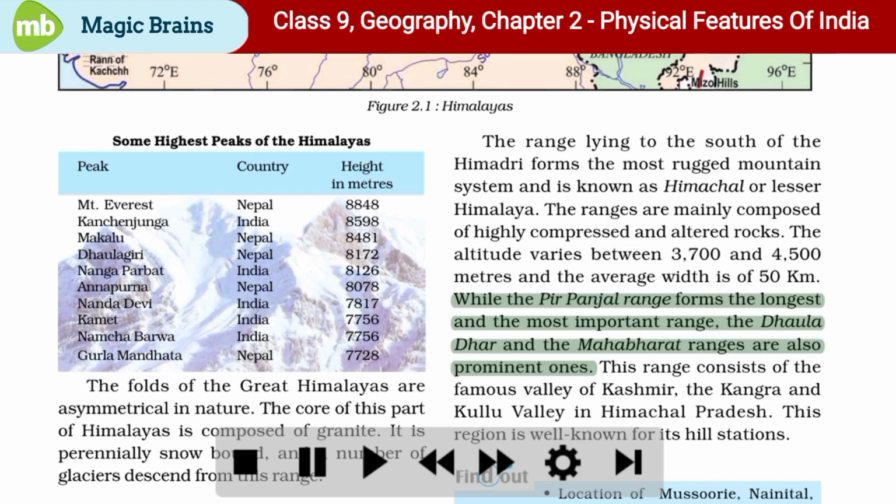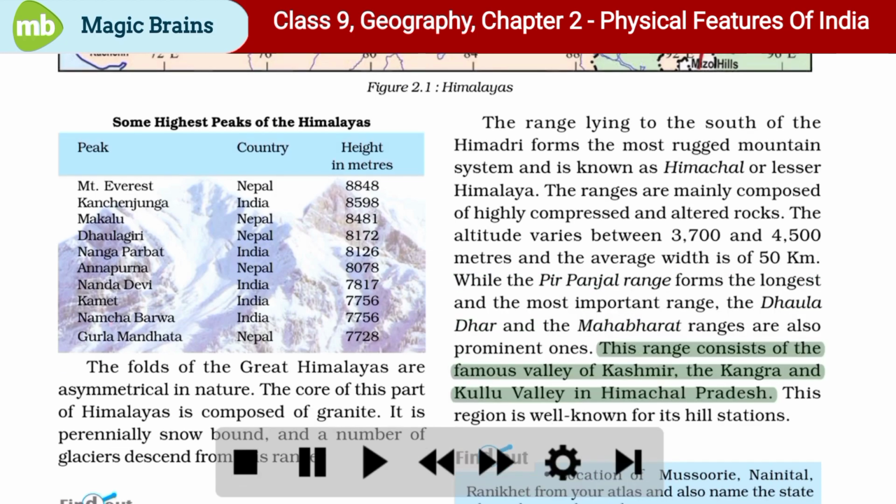While the Pir Panjal range forms the longest and the most important range, the Dhauladhar and the Mahabharat ranges are also prominent ones. This range consists of the famous valley of Kashmir, the Kangra, and Kulu Valley in Himachal Pradesh.